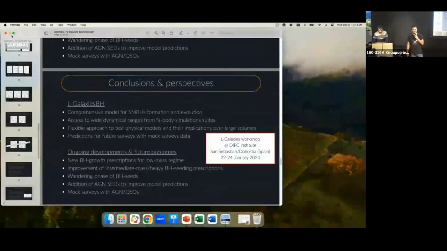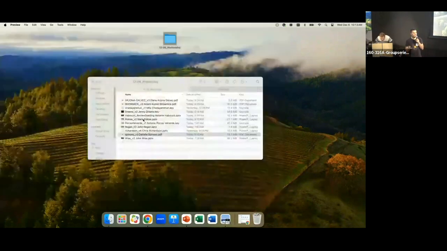Last question. Great talk. I'm just wondering if you have tracked how many black holes would have been seeded if you didn't stop at redshift 6? No, I never did that, because I wouldn't be sure how to do that, in the sense that at some point the conditions for seeding are really not verified anymore.